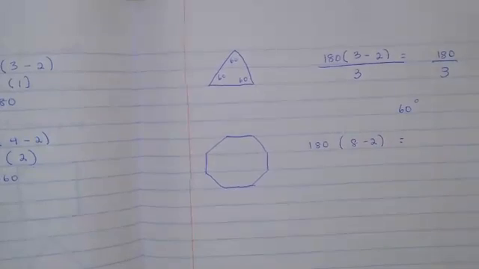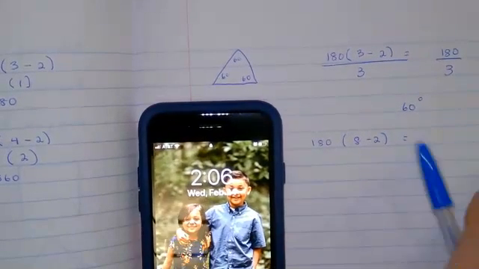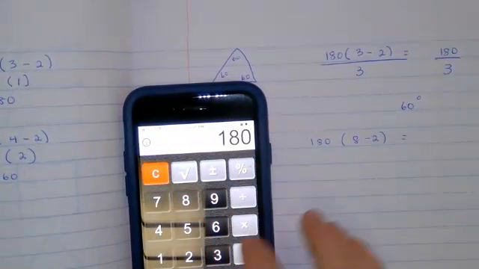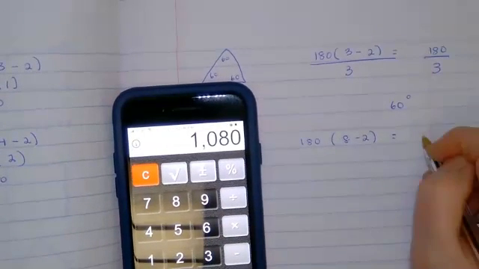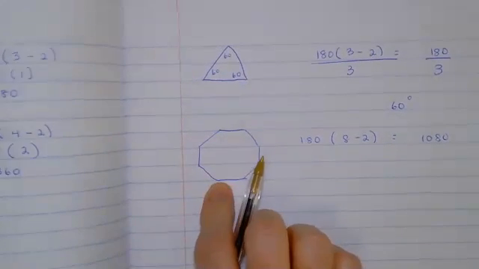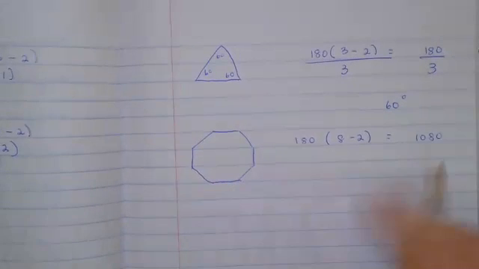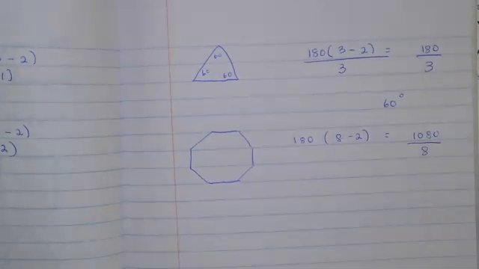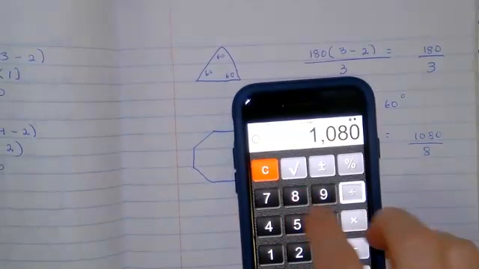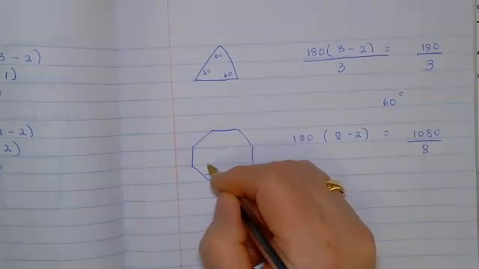So it's 180 times 6, right? Hang on. 180 times 6. There's 1,080 degrees inside the entire octagon. But if there's 8 sides and all eight angles have exactly the same measurement, you can divide by 8. Each angle is 135 degrees.